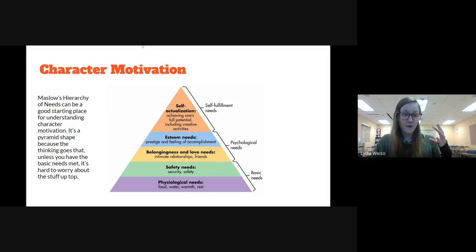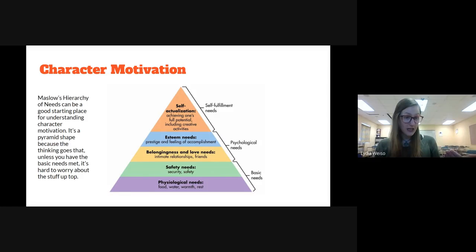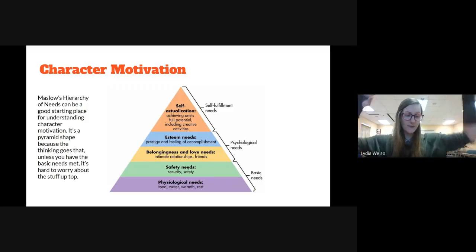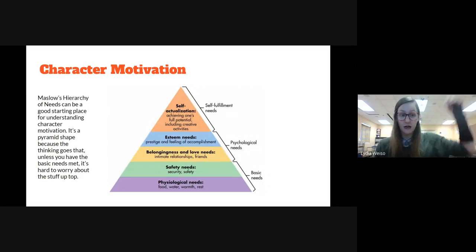But if these base needs are not cared for, like food, water, shelter, safety, then it's really hard for you to focus on anything that's higher up the pyramid, right? You have to have those basic needs cared for before you really have the bandwidth in your brain to care about the stuff at the higher levels.